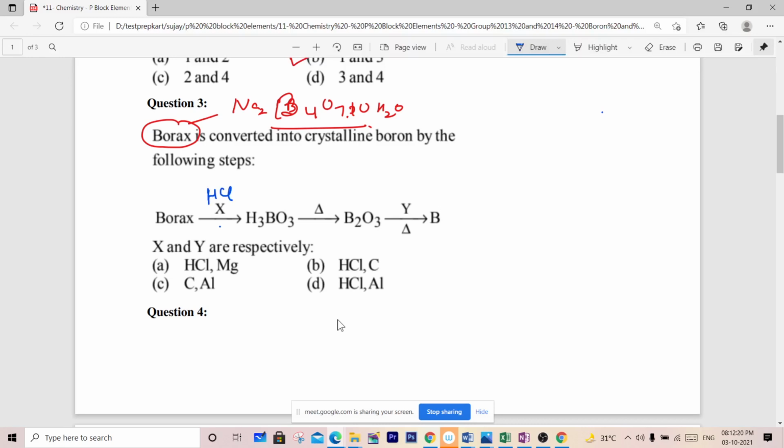And boric acid upon heating gives B2O3. If we heat the B2O3 further with Y, what should I add so that it becomes boron only? I need something as a reducing agent which takes up the oxygen.